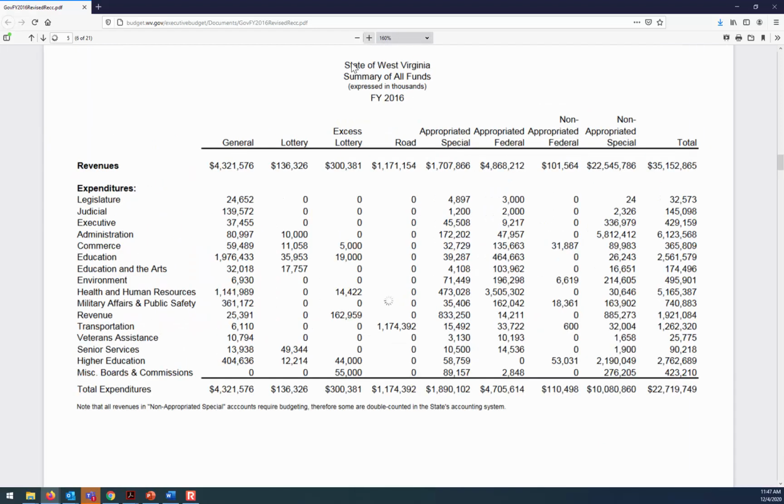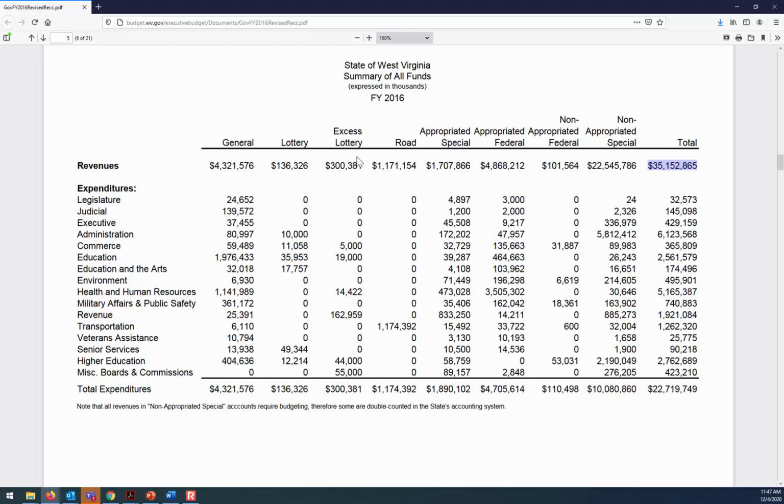And so, for example, revenues across the top, this is showing that the state budget in 2016 was, I think these are thousands, and so that would have been 35 billion? Yeah, $35 billion during that year.